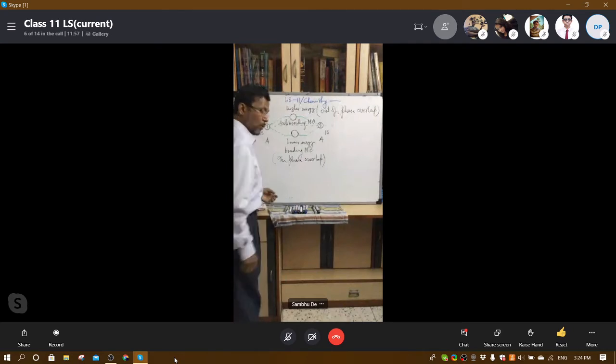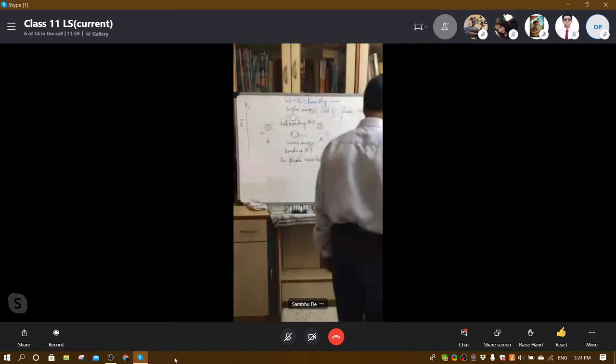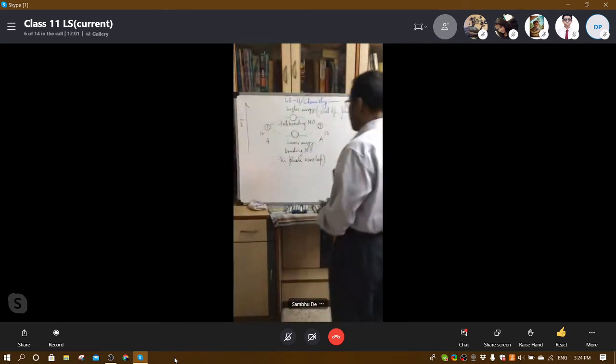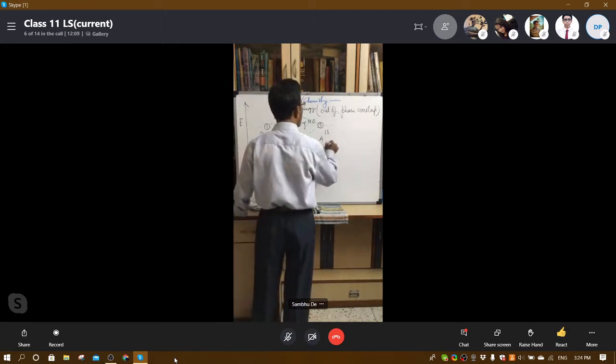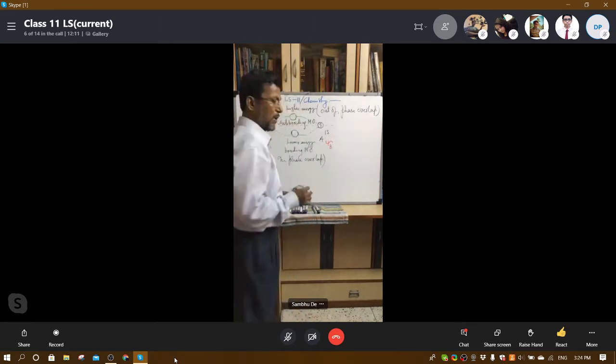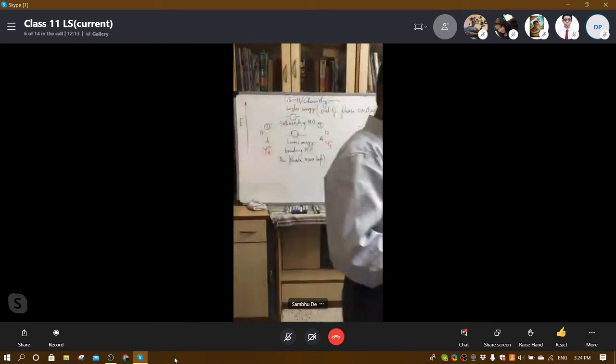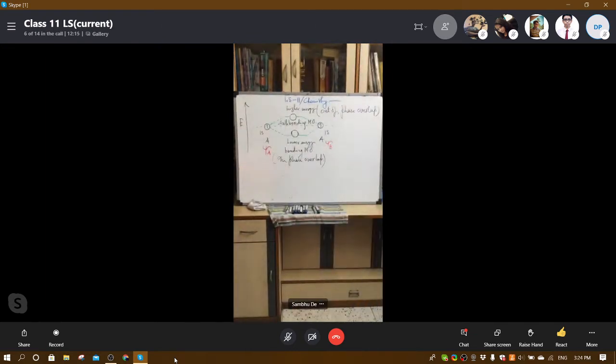Now if I call the wave function, every atomic orbital has a wave function. I have already shown you, say this is psi A and this is psi B. The wave function describes the amplitude of the electron wave.